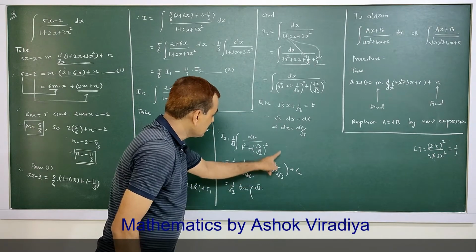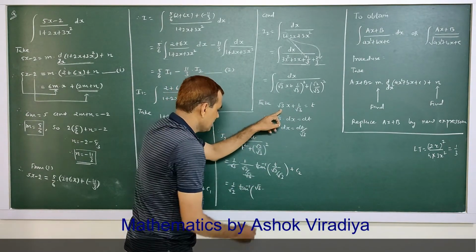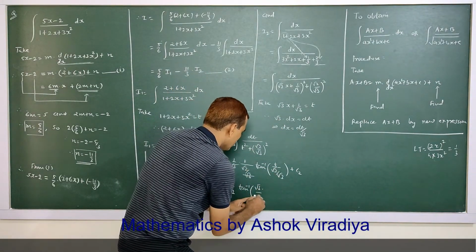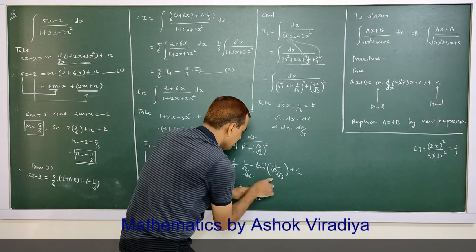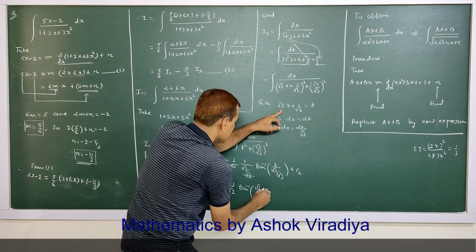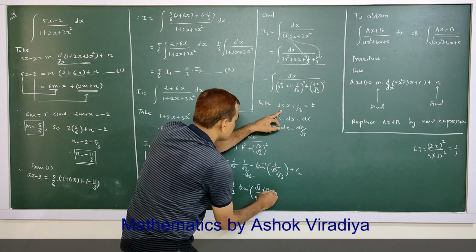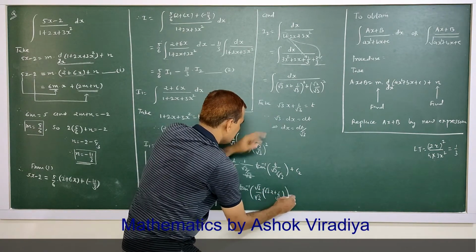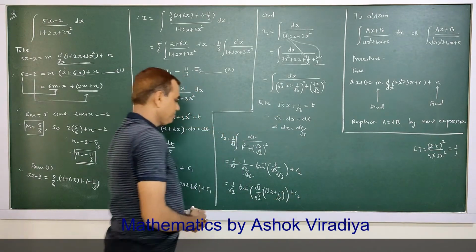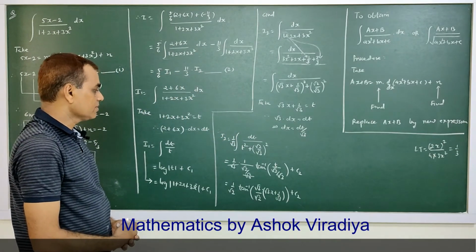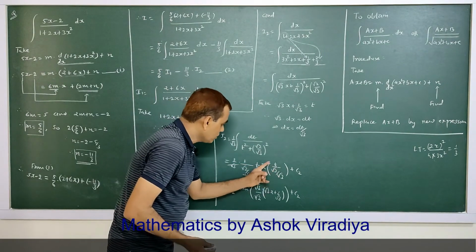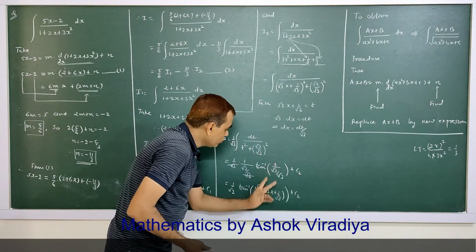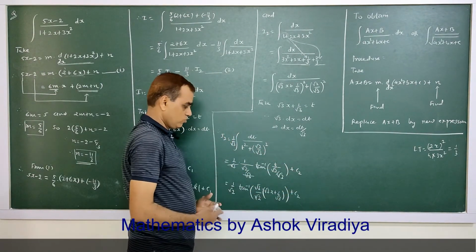What is t? T is root 3x plus 1 by root 3, plus c2.